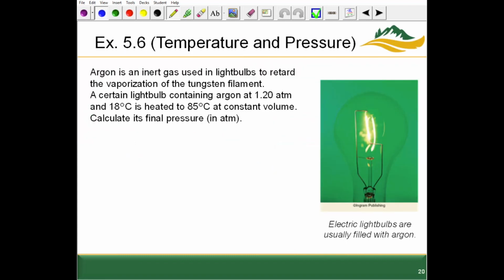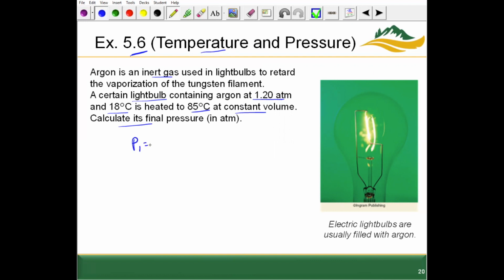Next, I want to do this practice problem. This is 5.6 in your book. We have argon, an inert gas. We are told the light bulb contains argon at 1.2 atmospheres of pressure and 18 degrees Celsius. Then there is a second temperature at constant volume. Calculate its final pressure.